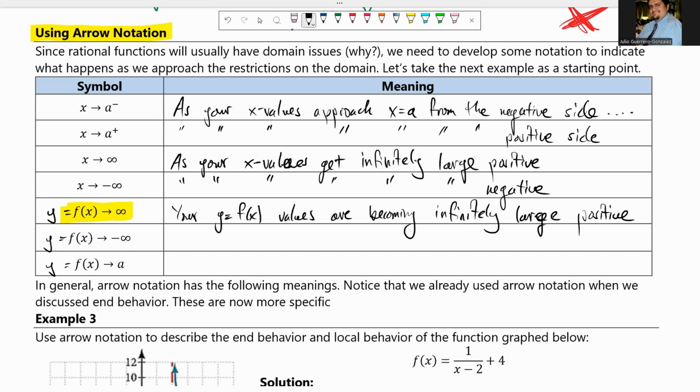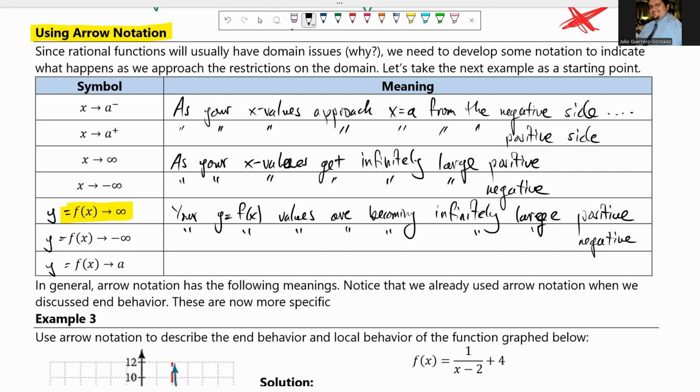The first one, the one that I left highlighted, is saying that we're letting our y or our f of x values become infinitely large positive values. The next one means exactly the same thing, but we're interchanging the meanings, the arrows, the f of x and the x's, and the positive and negative infinities.